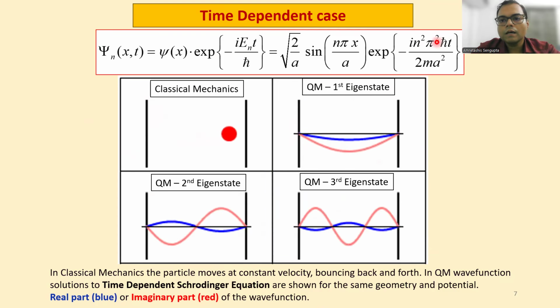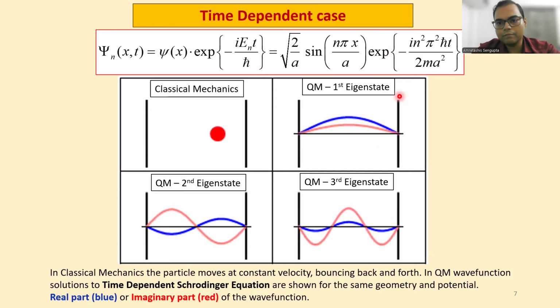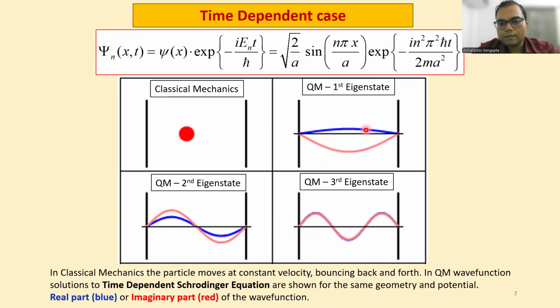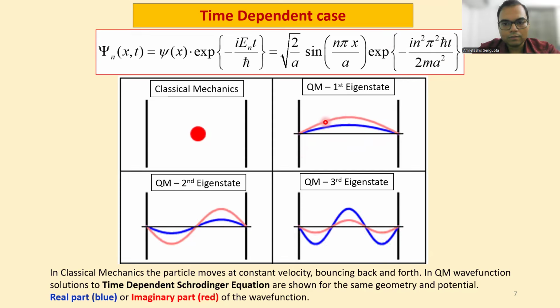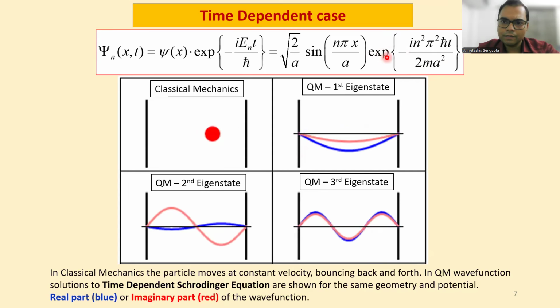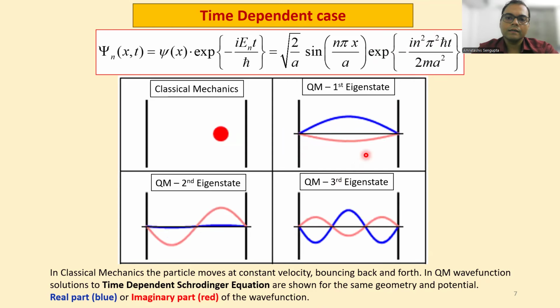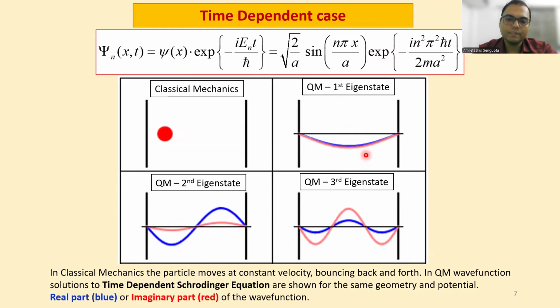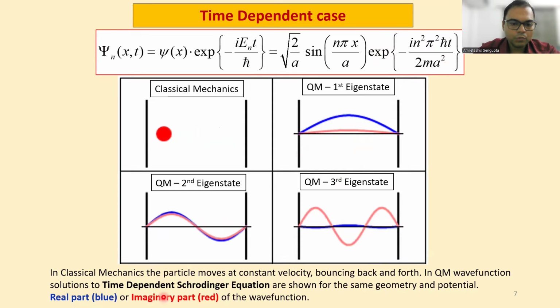But here, due to the incorporation of the time factor, the states have become oscillatory in nature. So they're oscillating around. And also the e to the power i theta kind of factor introduces an imaginary part. So there is a real part and an imaginary part shown in blue and red.